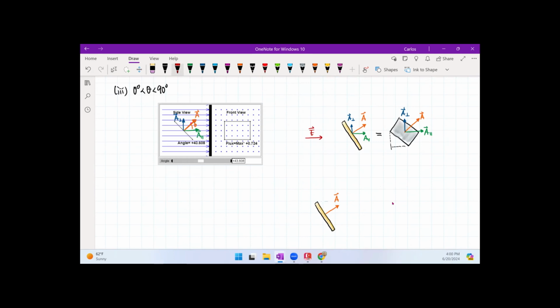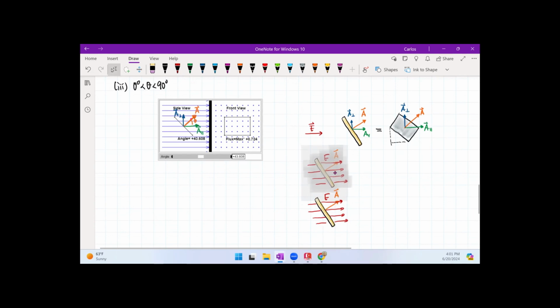So when I'm looking at this, you're seeing here that the fields are coming through. And so these are the electric fields, and they see a smaller field value because they see a smaller area.